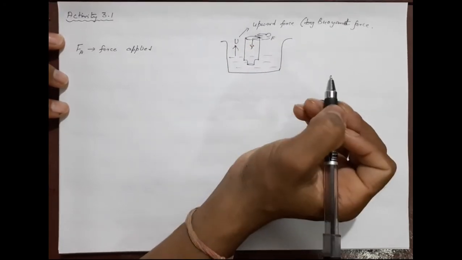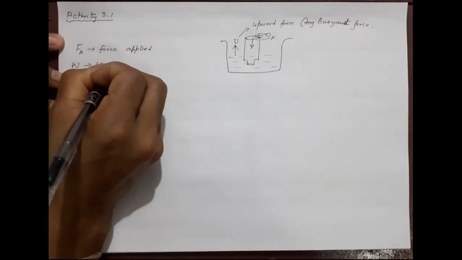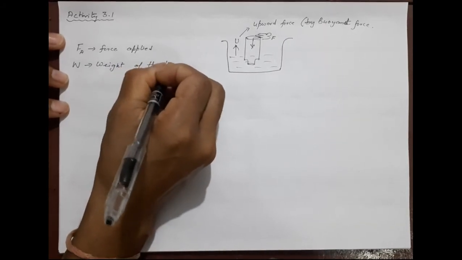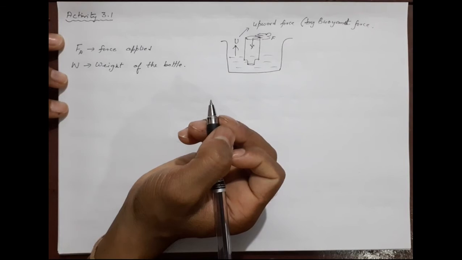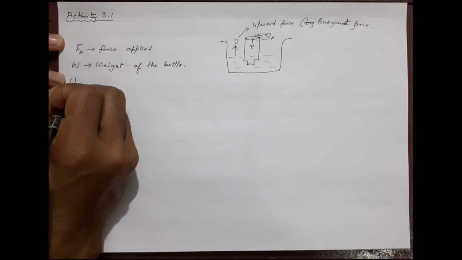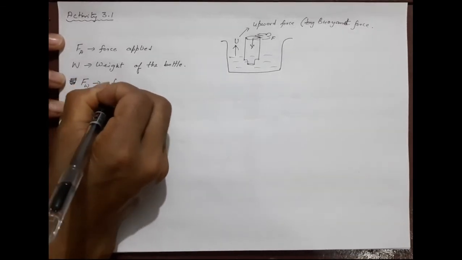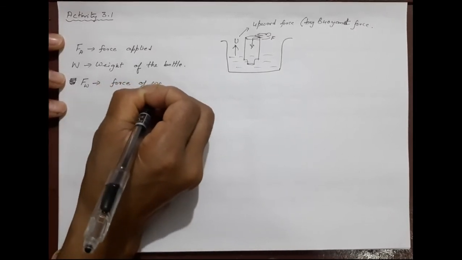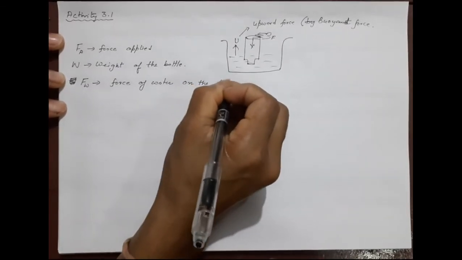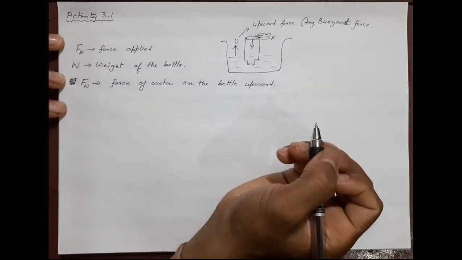Suppose W is the weight of the bottle, and suppose Fw is the force of water on the bottle, upside.